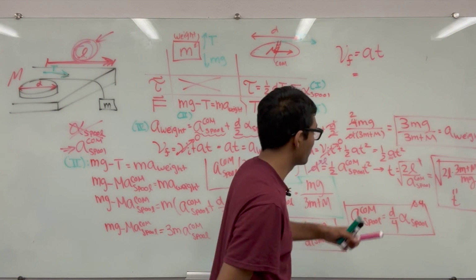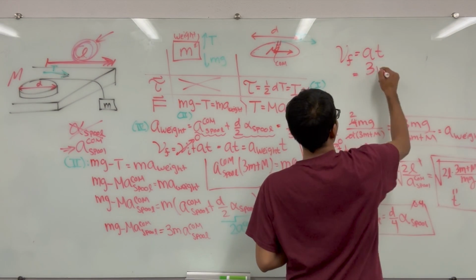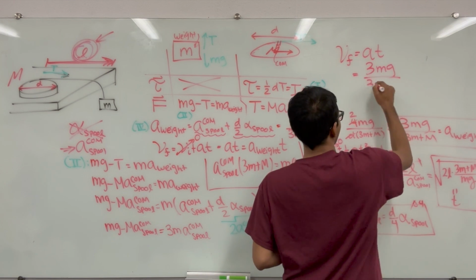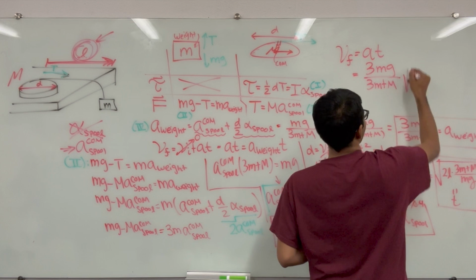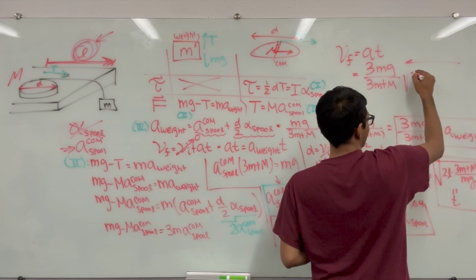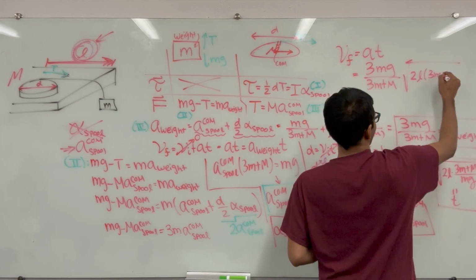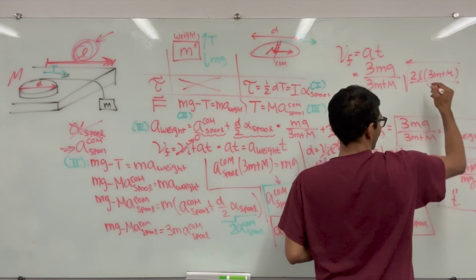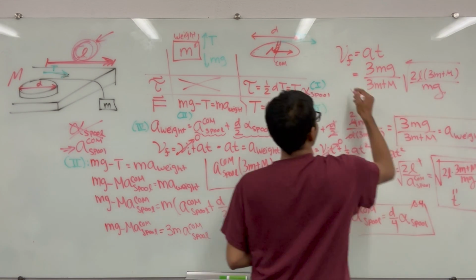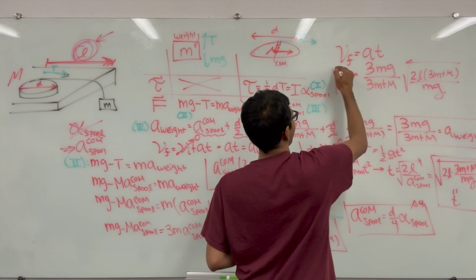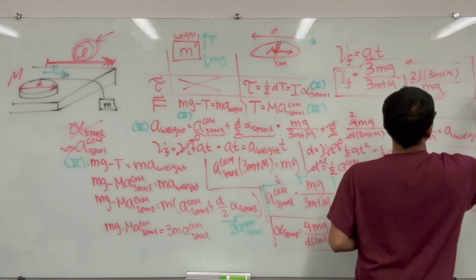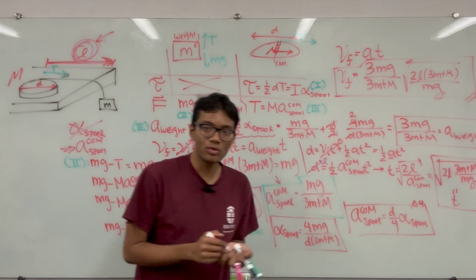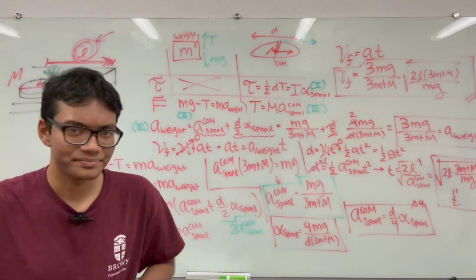The acceleration of the weight is 3mg divided by 3m plus capital M, multiplied by this time right here, the square root of 2L times (3m plus capital M), all divided by mg. And ladies and gentlemen, this is the final velocity of the weight after the spool has traversed the distance L.